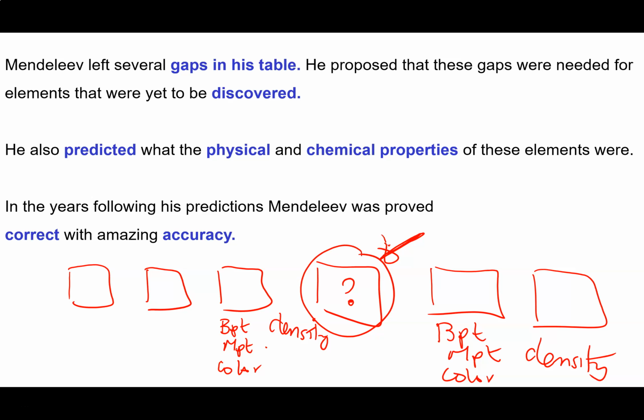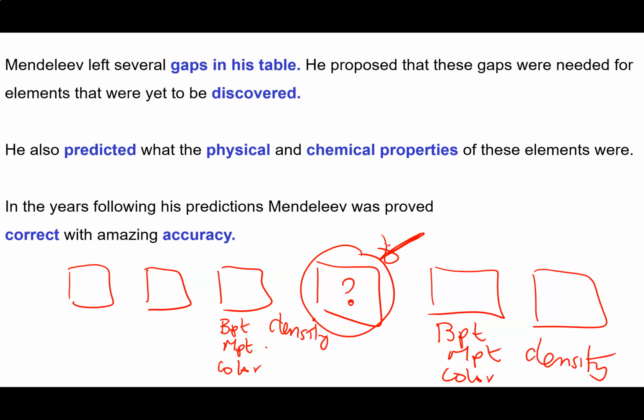And that's exactly what Mendeleev did. He predicted for a series of elements where those elements were missing, and also what the physical and chemical properties of those elements should be.